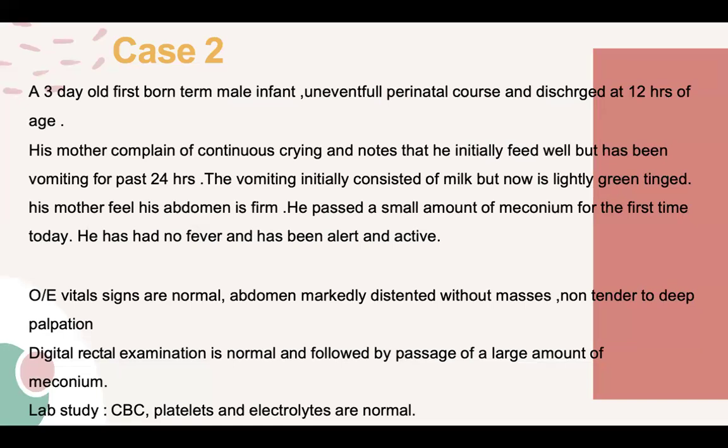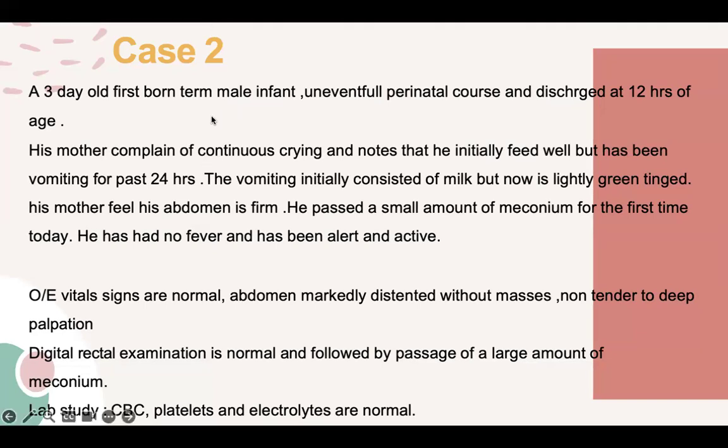On examination, vital signs are normal. Abdomen is markedly distended without mass, non-tender to deep palpation. Distal rectal examination shows passage of a large amount of meconium. Lab studies and electrolytes are normal.